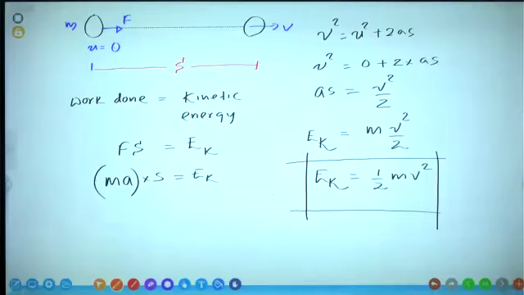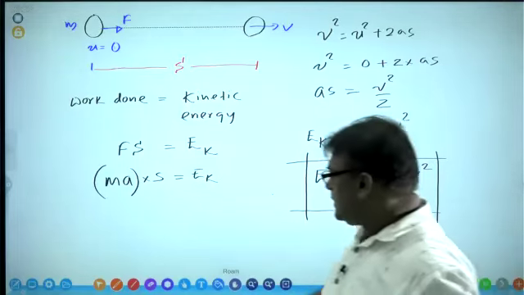Right. Next one. Derive an expression for potential energy. Right. Write it in a line.